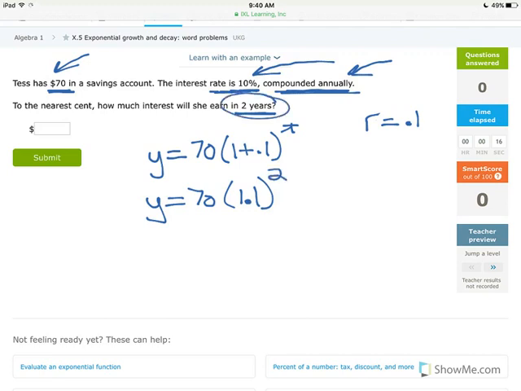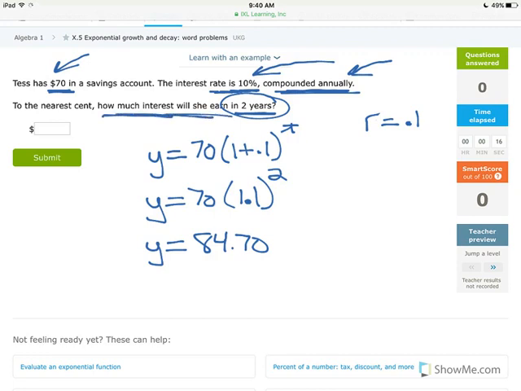And then on a calculator you can evaluate this. So on a calculator you want to do 1.1 to the second power first, following your order of operations, then multiply it by the 70. So you should get a final value after 2 years of $84.70. The trick on this one is they want to know how much interest did she earn.